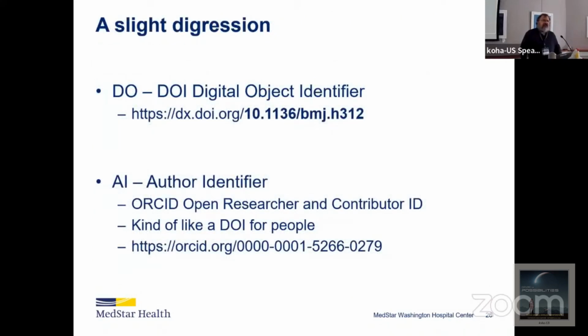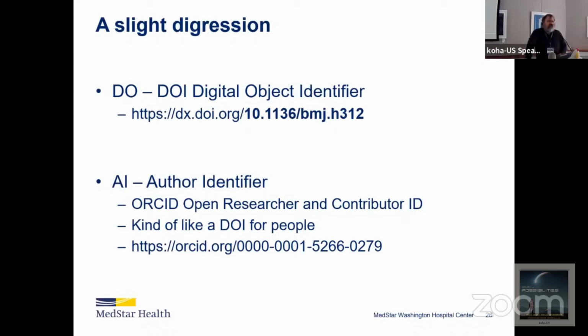So let me pivot to a slight digression to explain what a DOI and ORCID are. Digital object identifier, and it's a static URI that will follow the article around no matter what server it's on. ORCID, sort of like a DOI for people. There are lots of different systems.